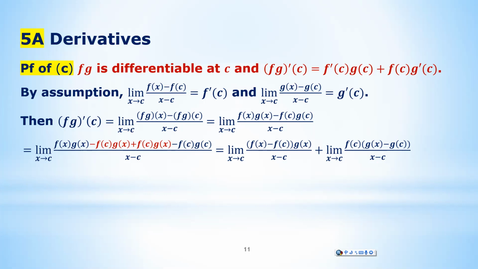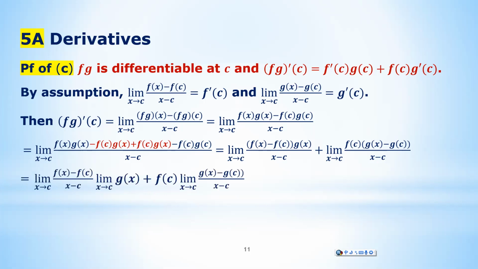Now for the first limit here, I can break this into two limits as a product, based on the limit properties. And for the second part, simply because f(c) is a constant, I can move the f(c) outside of this limit. So now you can see all these terms are reduced to individual limits.